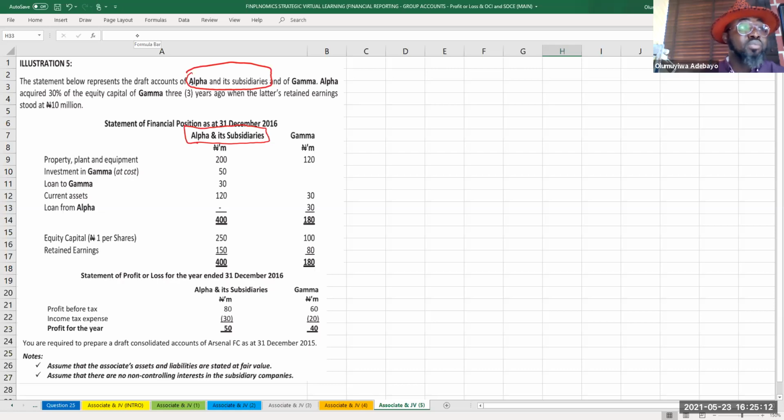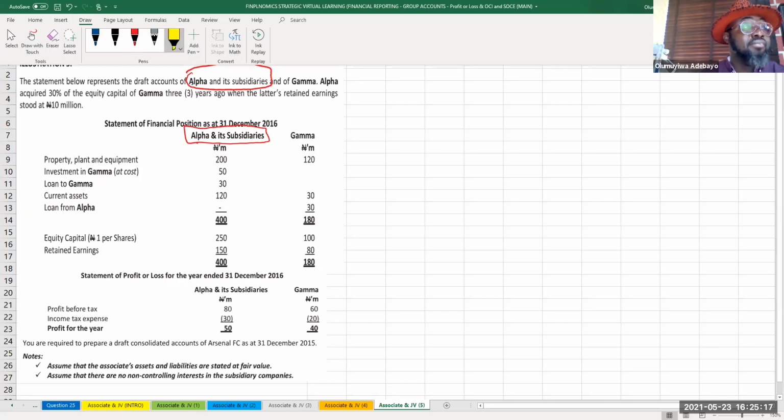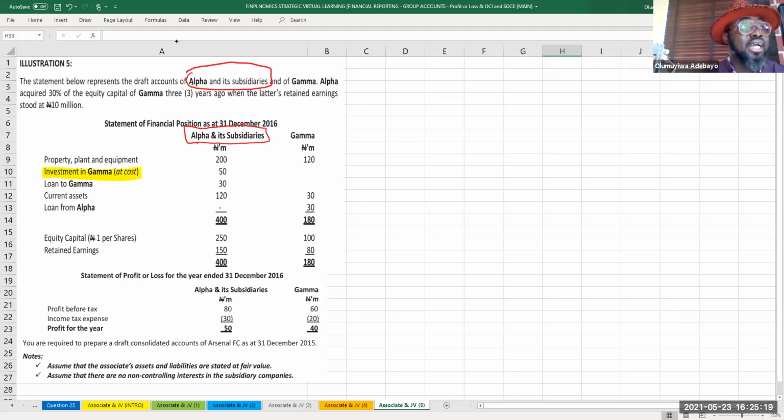But you observe something here: the investment in Gamma was still carried at cost of 50 million. Gamma was acquired 3 years ago when the reserve was 10 million and the stake in Gamma was 30%, which ultimately made Gamma an associate. Gamma is an associate of Alpha.